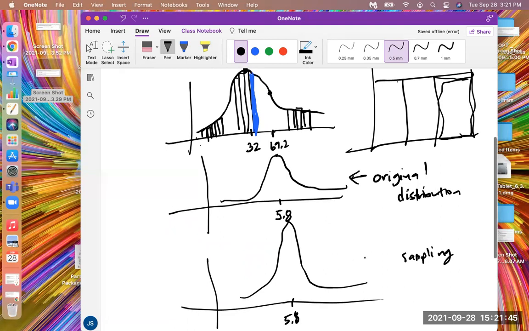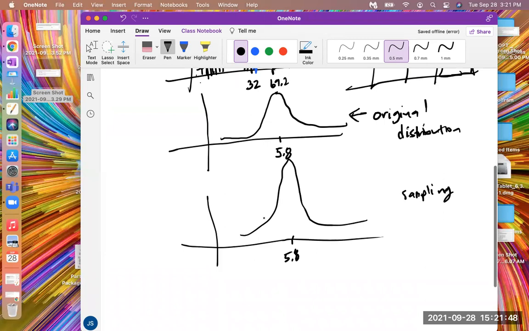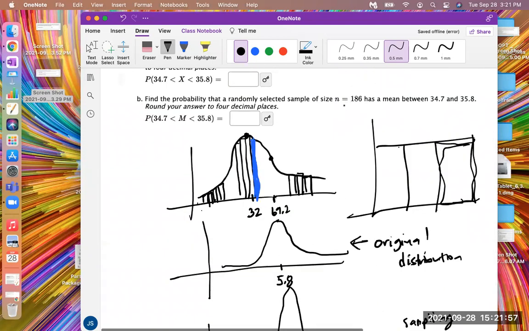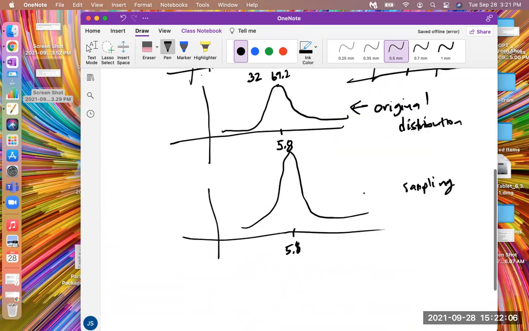Hypothetically, they took 100 samples of size 186, recorded the mean from each of those samples, and then made a frequency distribution of all the means. The mean that came up most commonly is at the peak that I draw here. The most common sample mean is going to be the same as the most common value if you were picking them one at a time in the original distribution.